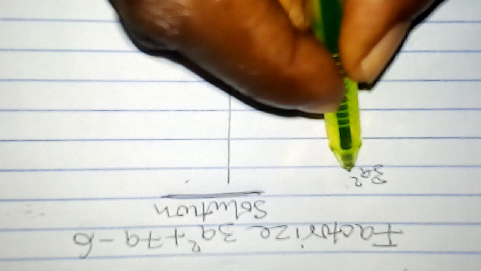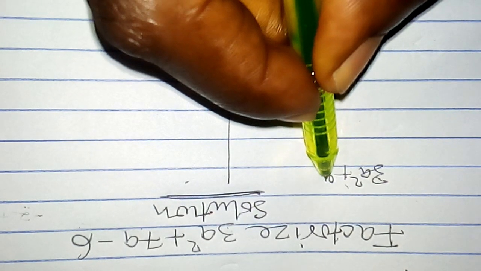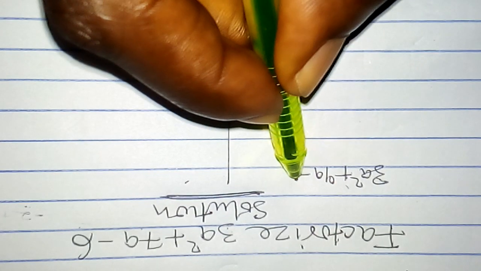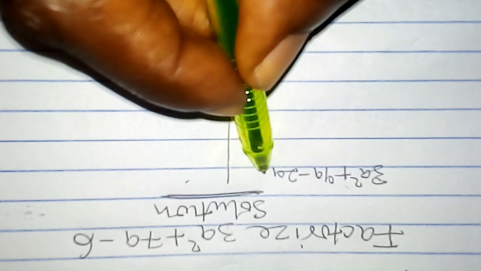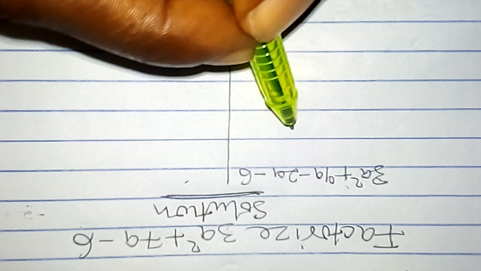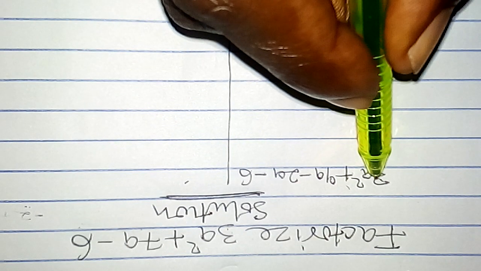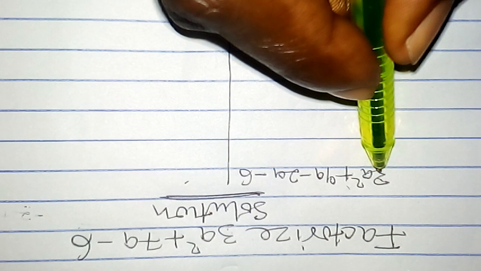3a squared plus 9a minus 2a minus 6. So the greatest common factor here is 3.